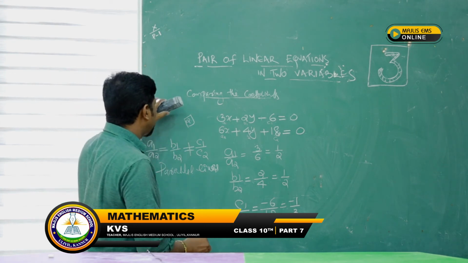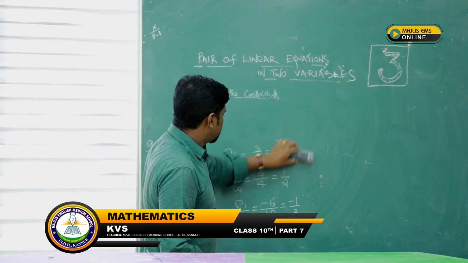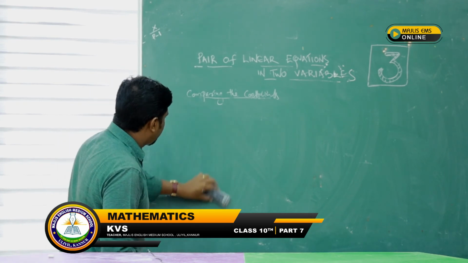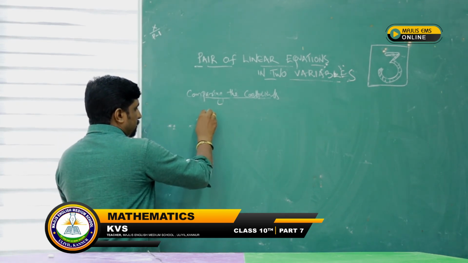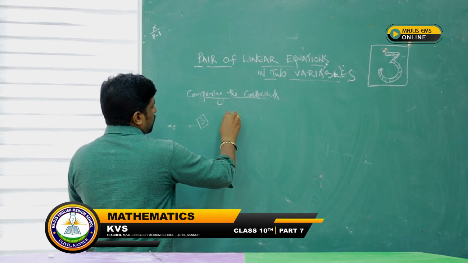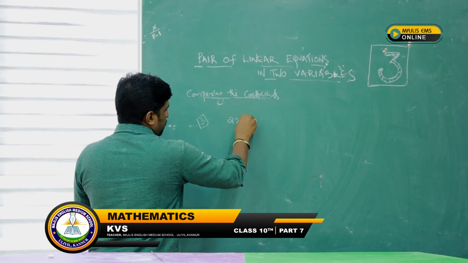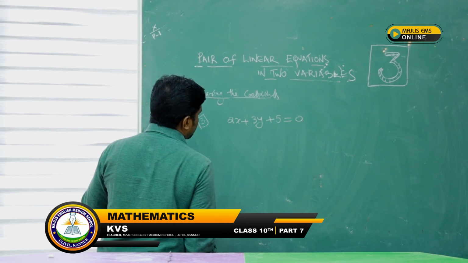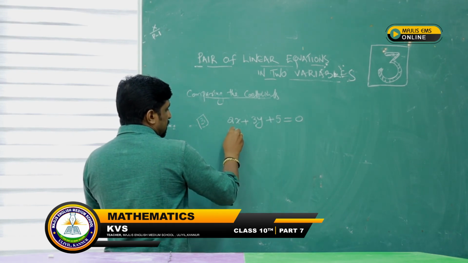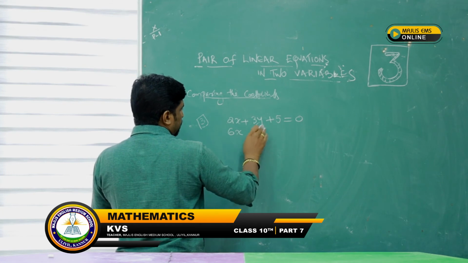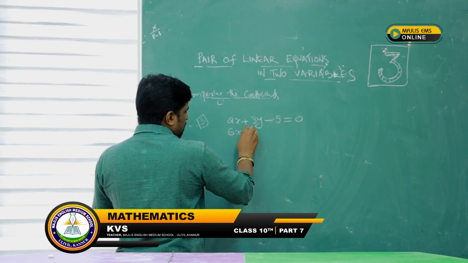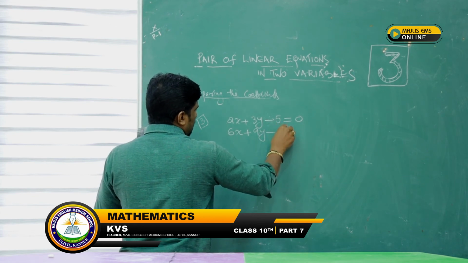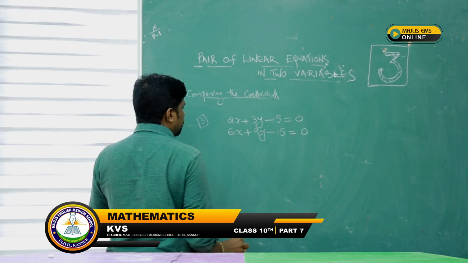Then the third case: 2x plus 3y plus 5 equal to 0 and 6x plus 9y minus 15 equal to 0.